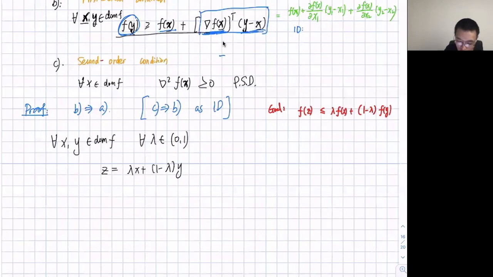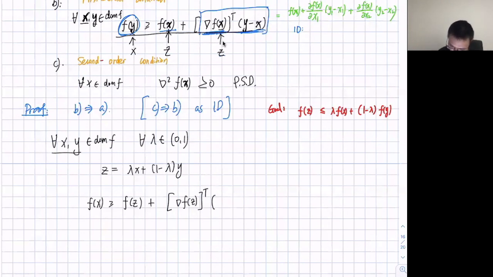I have this condition. So now I say for any x, y, z, I have this condition. So I can say f of x is greater than f of z plus, and I just plug in y as x and x as z. So this is x minus z, okay?